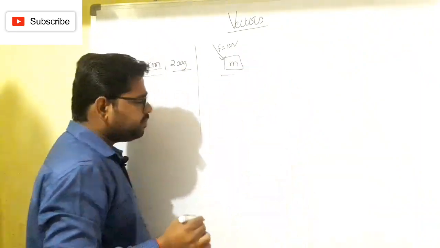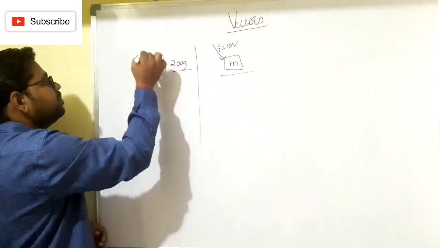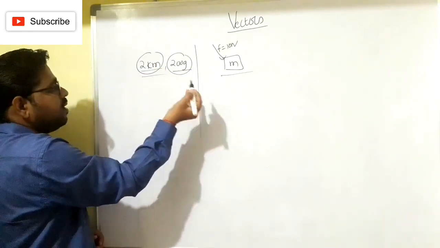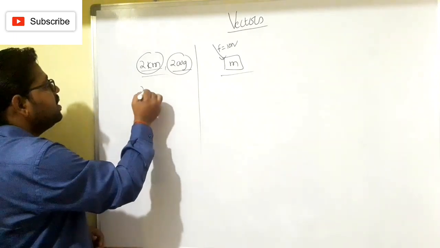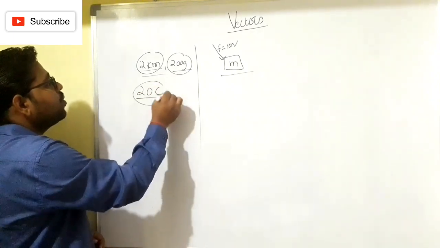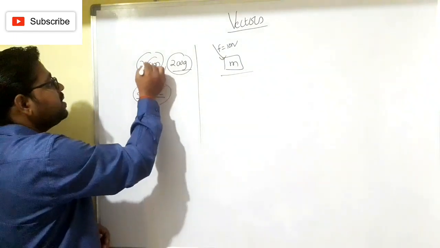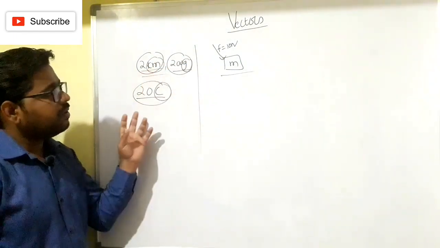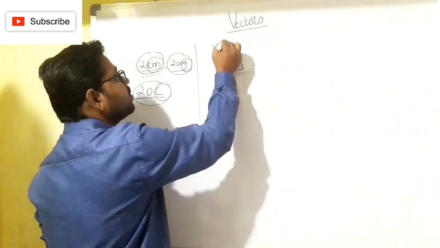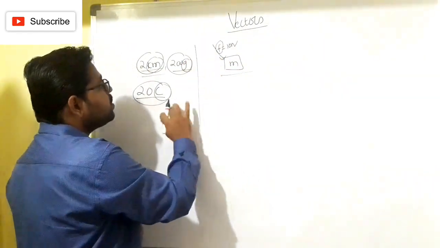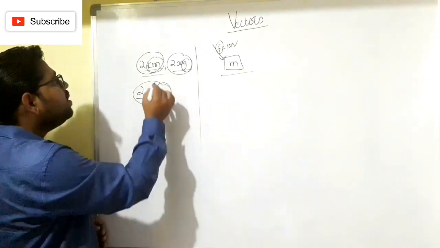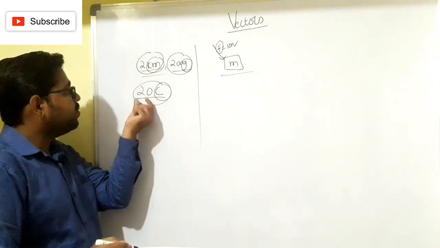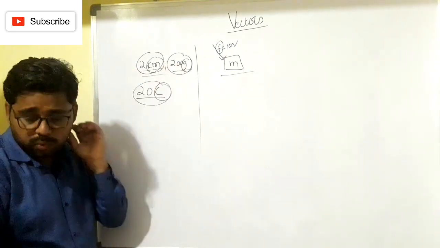Compare these examples. Here it is 2 kilometers, here 200 gram, and the charge on a body is considered as 20 coulomb. Here I wrote some physical quantities: kilometer, that is length; gram, that is mass; coulomb, that is charge; and here a force. What you notice is that all these physical quantities have magnitude: here 20, here 200, here 2.